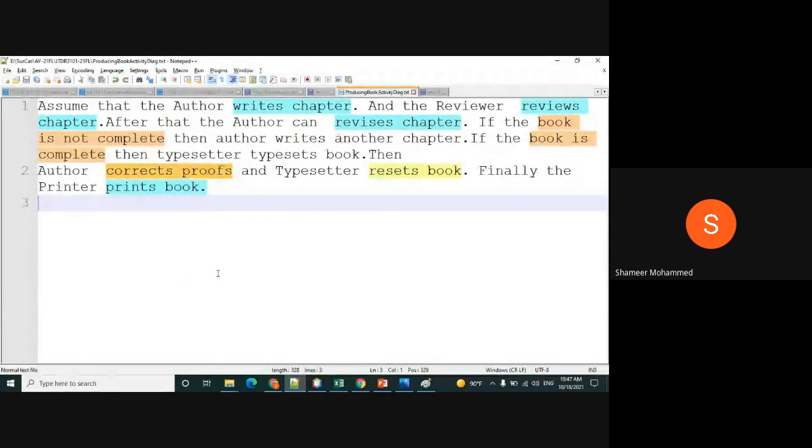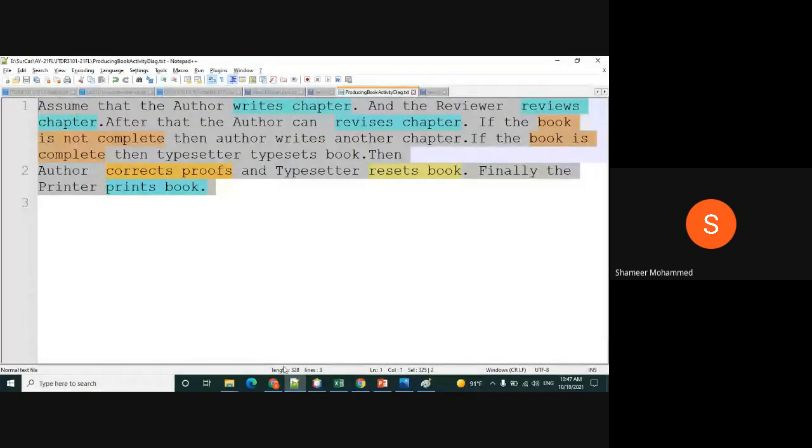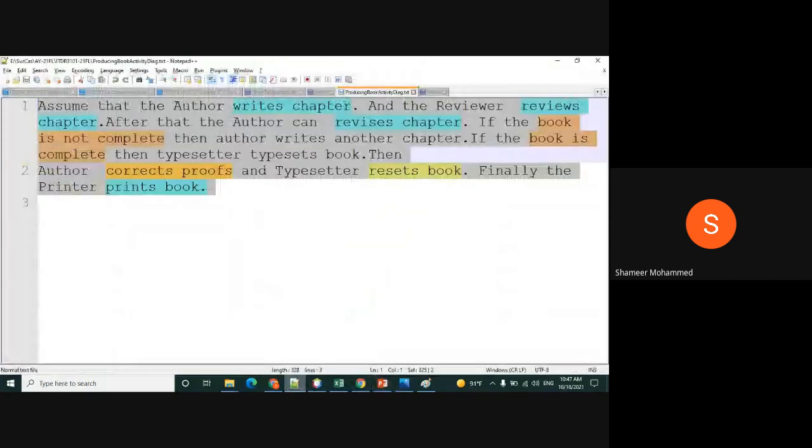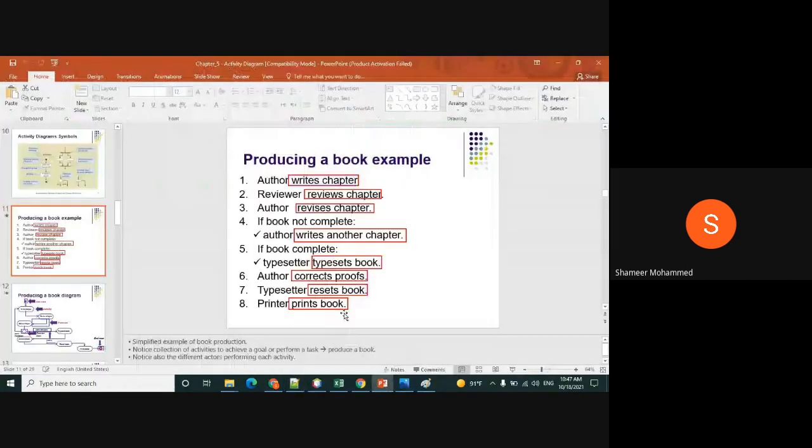So what you have to do, you have to read and underline the actions and the nouns, etc. So this is like a question I am giving you. Now here you have it like this, but in the exam they will ask you like this. By reading this, you should understand what steps you can write after reading.